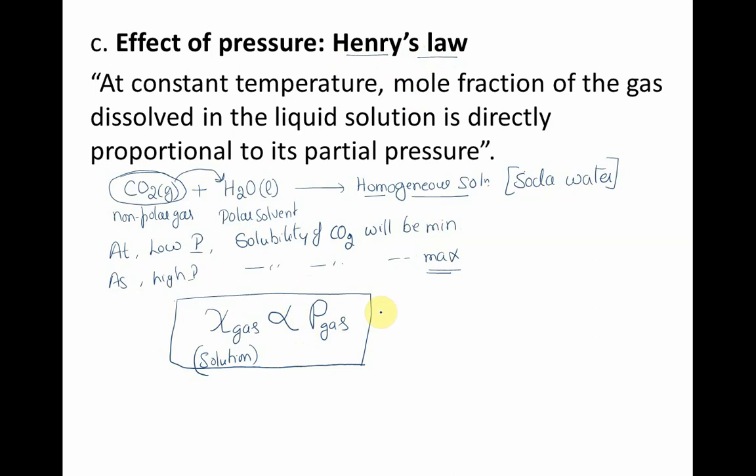Mathematically, it can now be represented as mole fraction of gas, or solubility of gas, is equal to Kh into partial pressure of gas, where Kh is called Henry's constant.